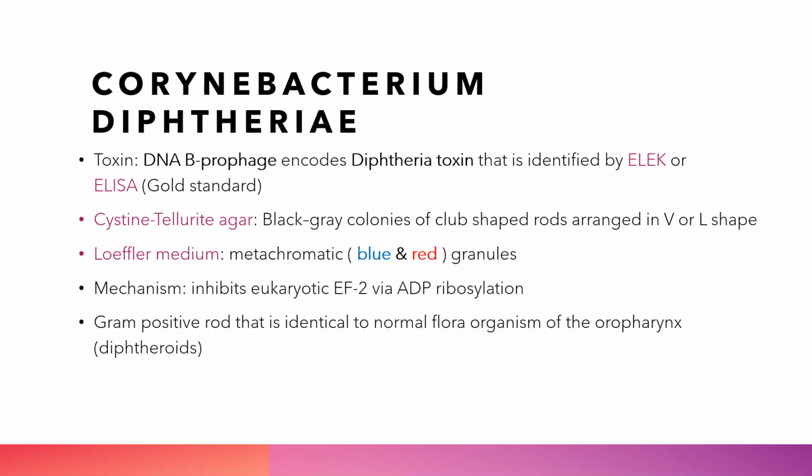The mechanism of the bacteria is that it will inhibit eukaryotic elongation factor 2 via ADP ribosylation. It's a gram-positive rod that is identical to a normal flora organism of the oropharynx, known as diphtheroids. So this is a process that undergoes lysogeny, which we will talk about next.